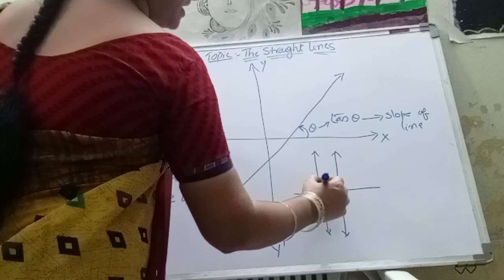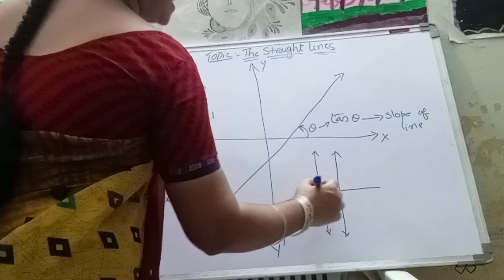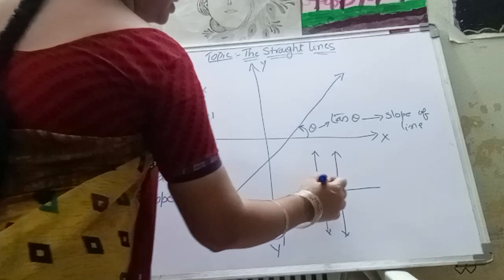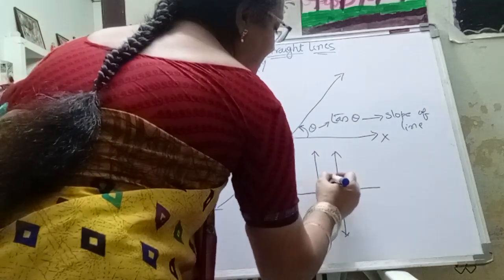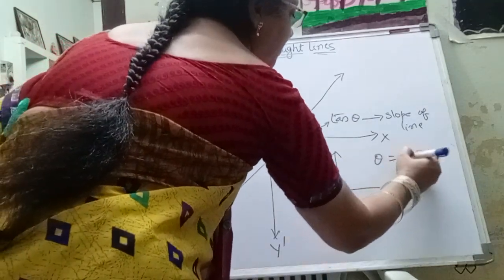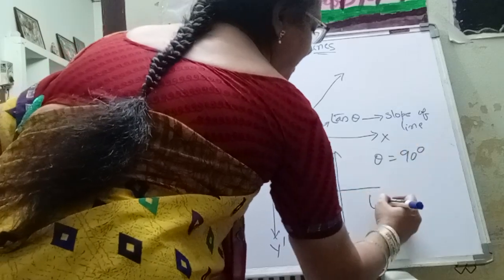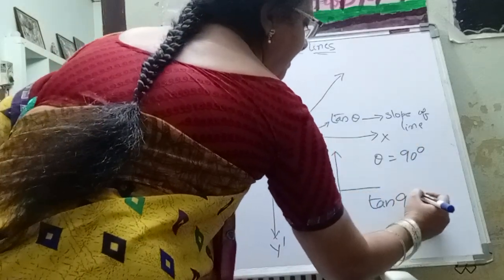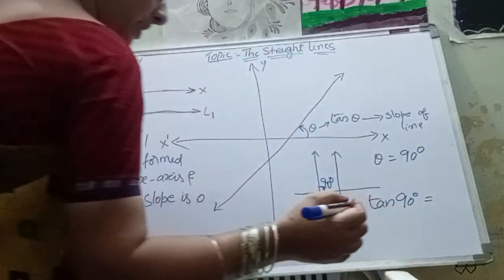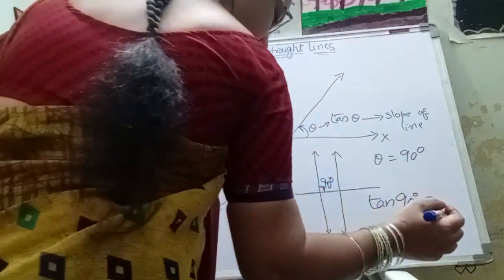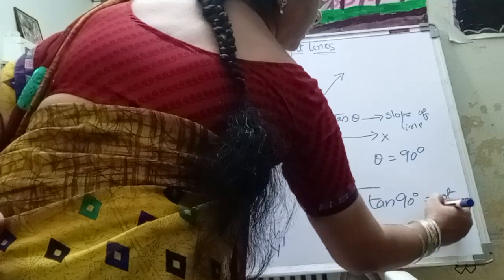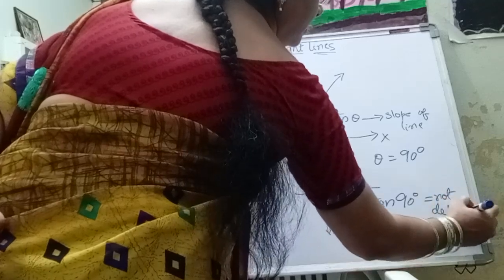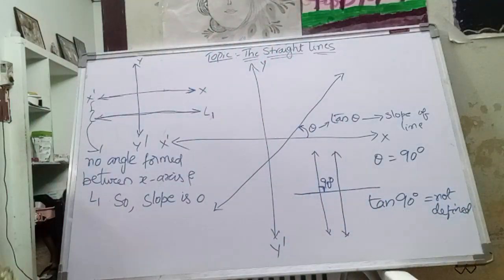It is at a right angle, it cuts the x-axis at a right angle. So for tan theta, here theta equals 90 degrees. So tan 90 degrees equals what? Not defined. Okay, understood?